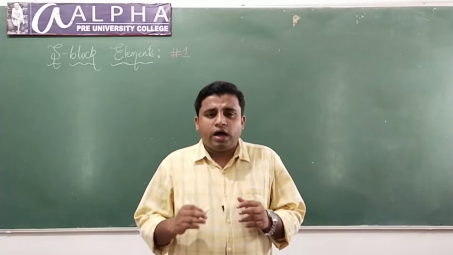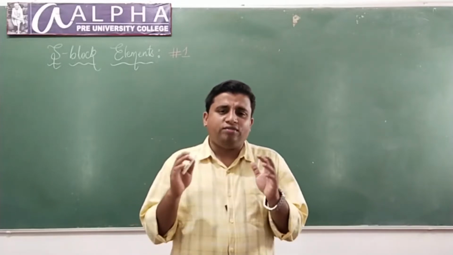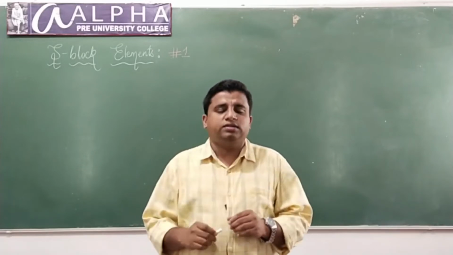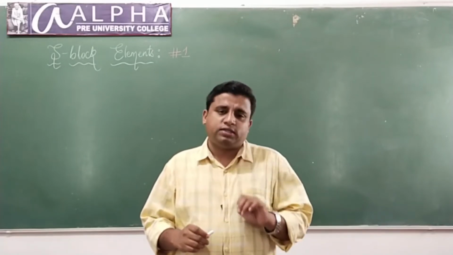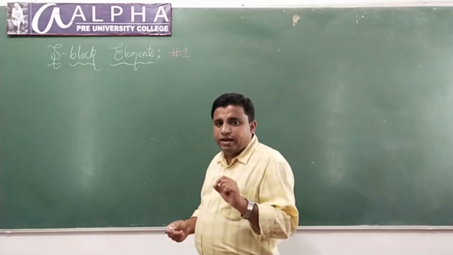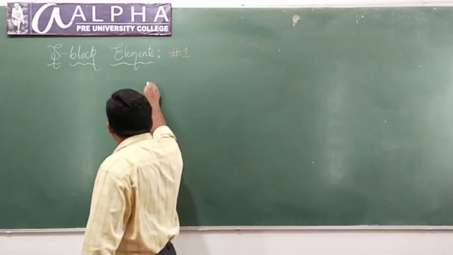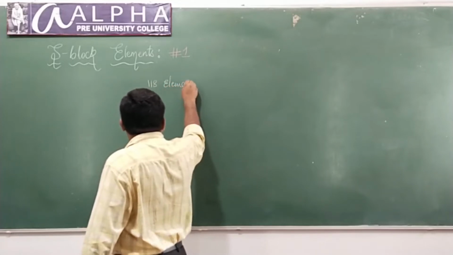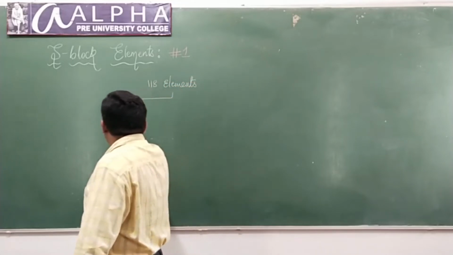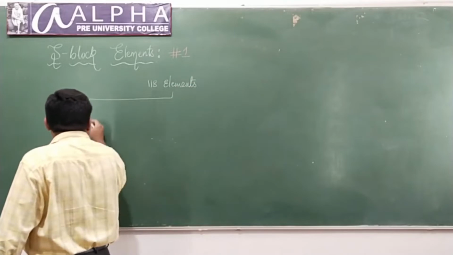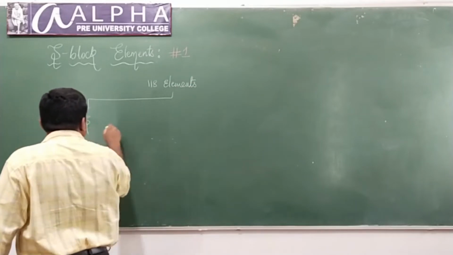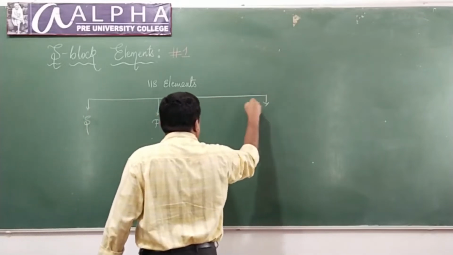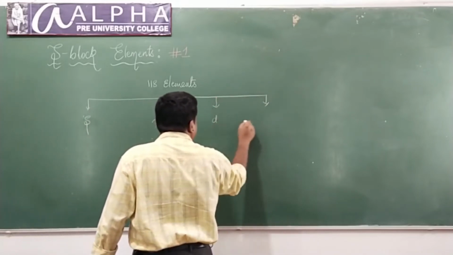I hope you know that we have classified all the known 118 elements into 4 blocks, isn't it? They are S block, P block, D block and F block elements.